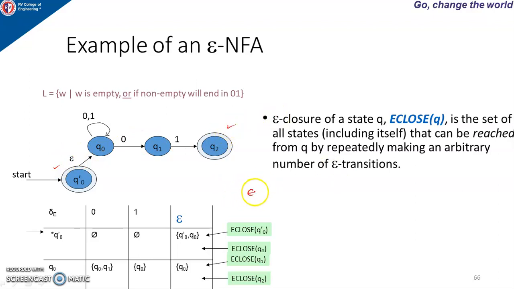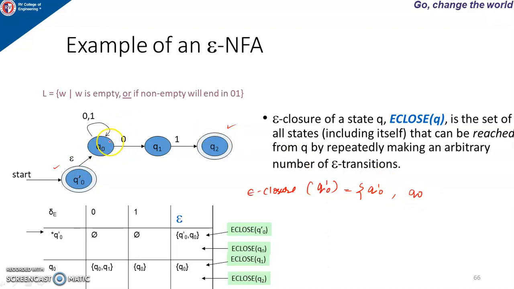If I have to find the null closure of Q naught dash, the null closure of any state includes that state itself and all states which can be reached from it using null moves. So Q naught dash comes, and from Q naught dash I can reach Q naught using a null move, so Q naught also comes.